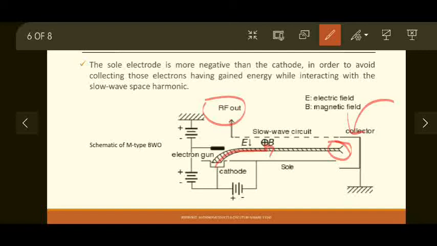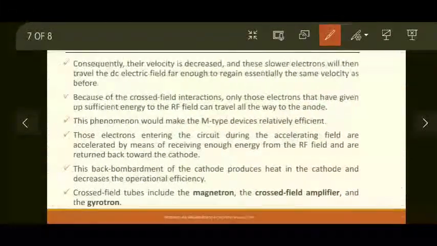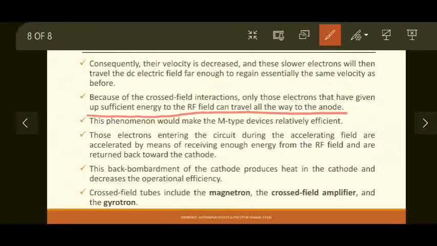Those which have gained the energy interact with the wave traveling in this direction. Since the phase velocity will now be greater than the beam velocity again, let's see the statement again. Those electrons entering the circuit during the accelerating field, by receiving enough energy from the RF field, are returned back towards the cathode.